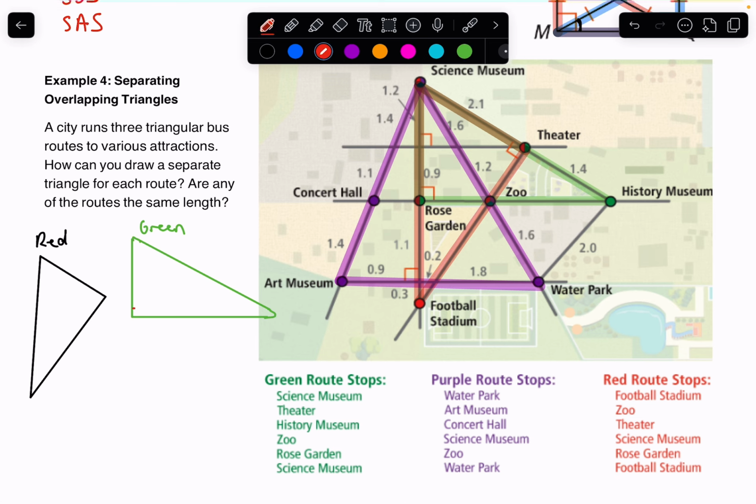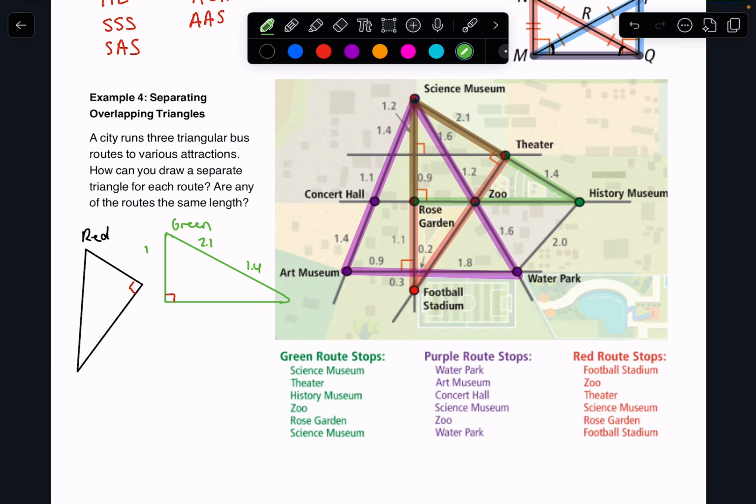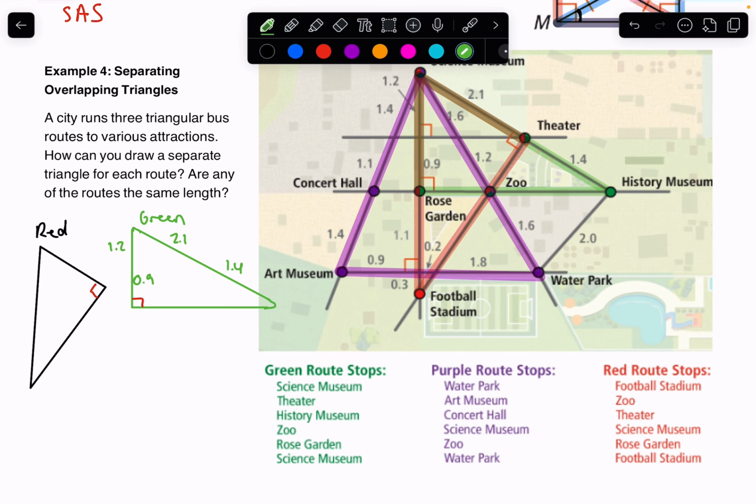I'm going to go ahead and draw in those right angles there because they are in my diagram. And what else do I know? I know that in my green route, I've got pieces that are 2.1 and 1.4 on this side. I know I've got a 1.2 and I've got a 0.9 on this side, and I'm just copying these over.